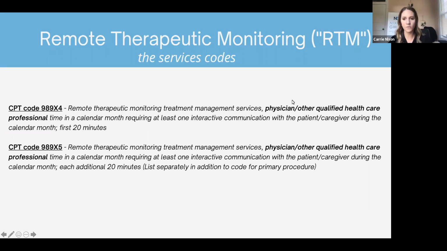I have bolded for you though, this physician and other qualified healthcare professional language, because that is also going to be really important when we consider the feedback that we need to give to CMS about these codes. So keep in mind that these 2 codes are limited to physician or other qualified healthcare professional time. That means that right now they don't include clinical staff time.